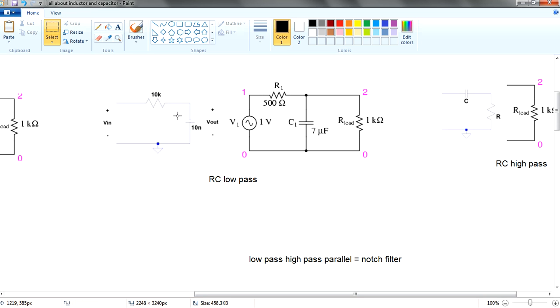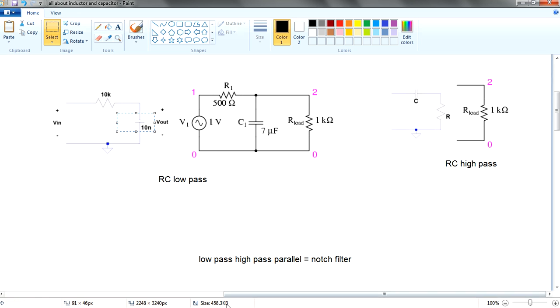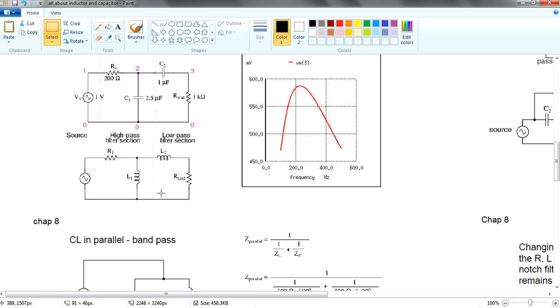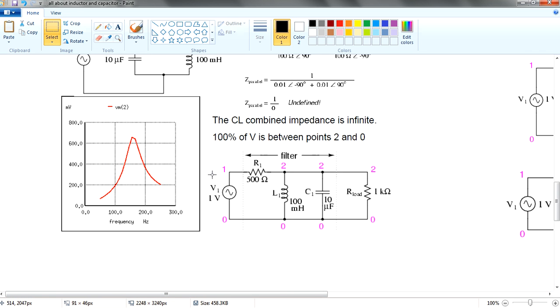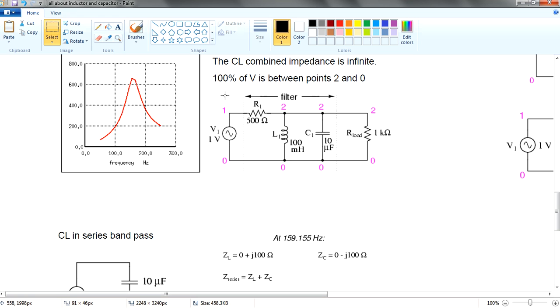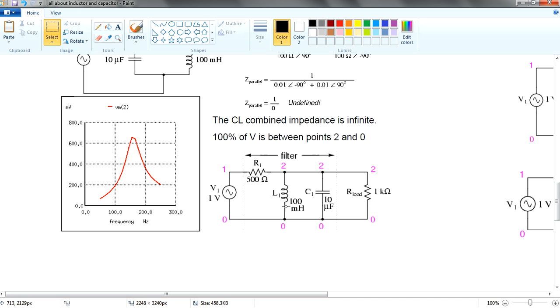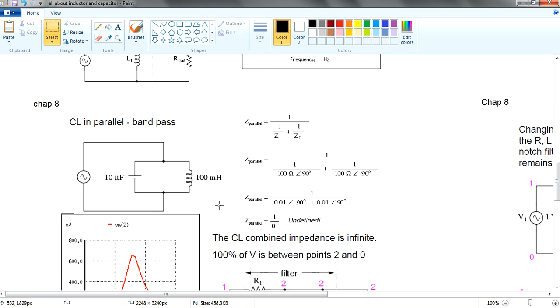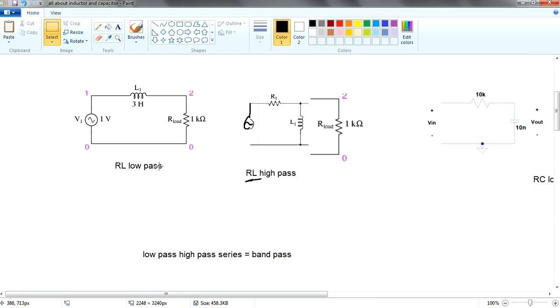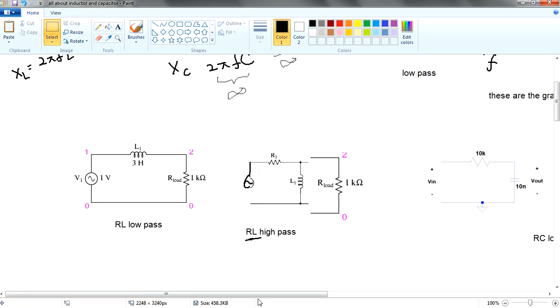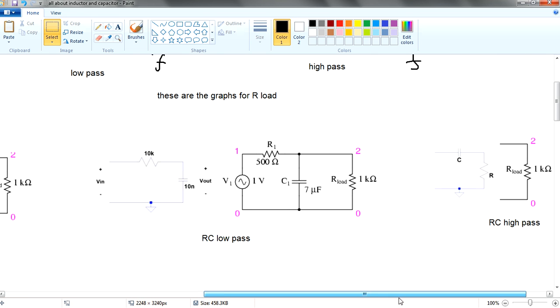So there will be resistors and there will be capacitors. Now, if you take a look at other sections, if it is the band pass, you're mixing inductor and capacitor already, so it gets a little hairier. So in this case, what we're going to do is talk about the RL low pass, RL high pass, RC low pass, and RC high pass.